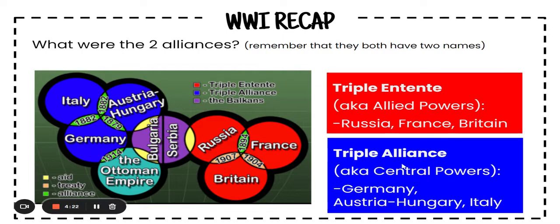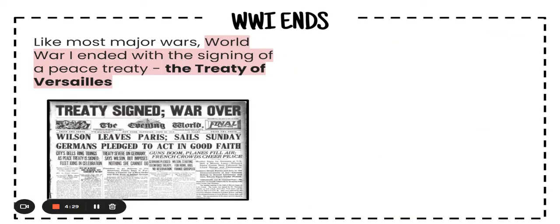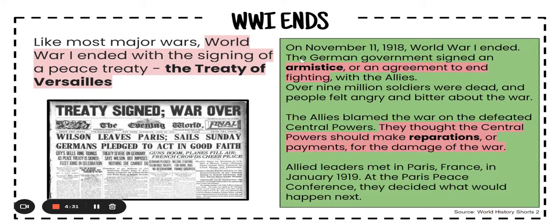The Central Powers was the Triple Alliance, Germany, Austria-Hungary, Italy. So Germany said, okay, we'll stop fighting. We agree. The Central Powers should pay reparations. They should pay for all the damages of the war.